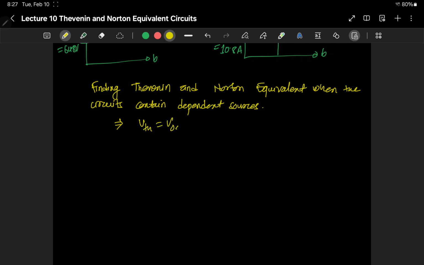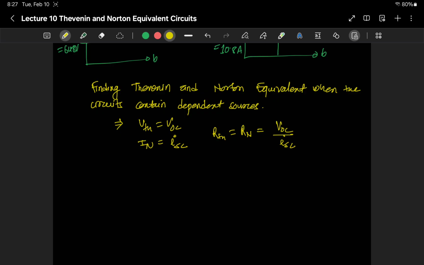Okay, these two conditions still apply: VTH is equal to VOC, IN is equal to ISC, and then we can also calculate RTH equal to RN is VOC divided by ISC. So these still apply. The only problem is when you are trying to find the R equivalent using the alternative method by zeroing the sources.